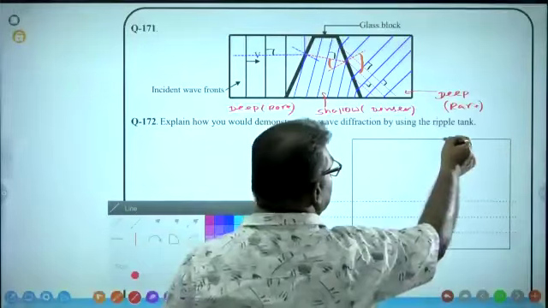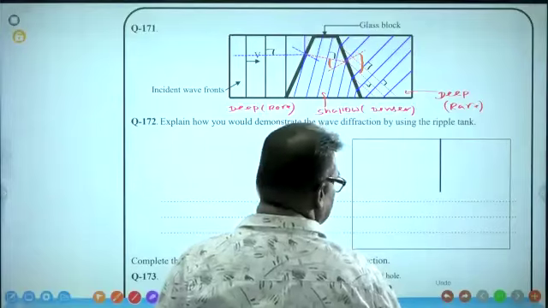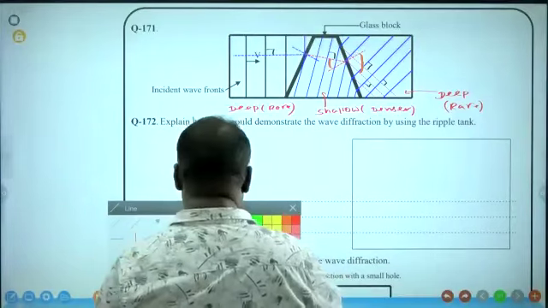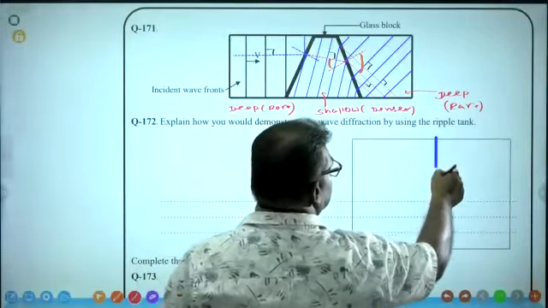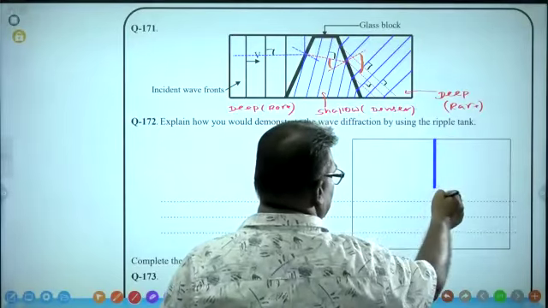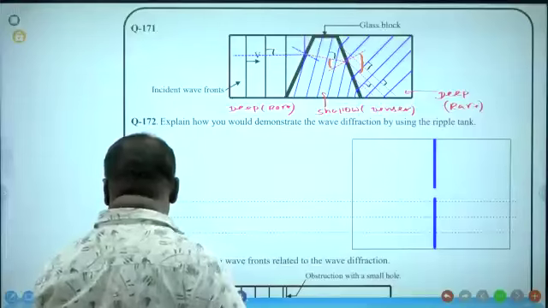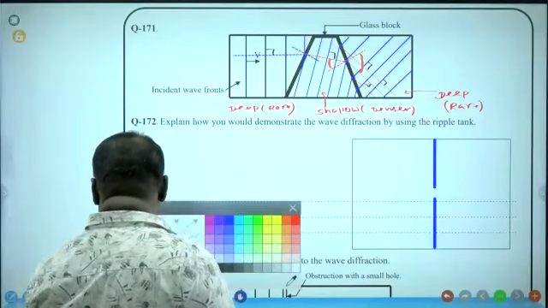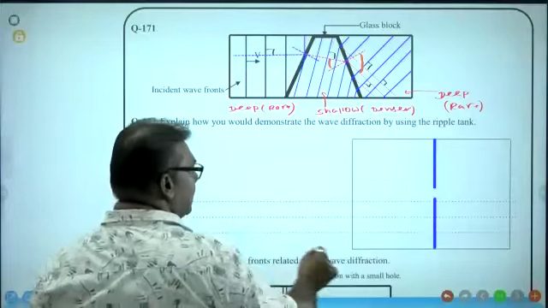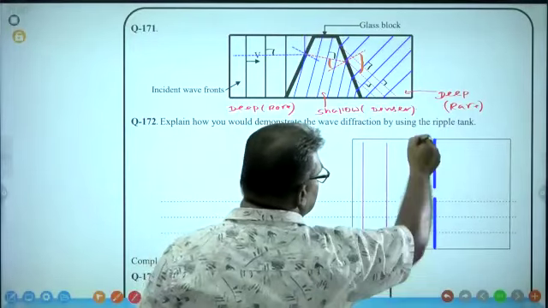Obstruction like this. This kind of hole with the obstruction. And this kind of wavefronts going like this.